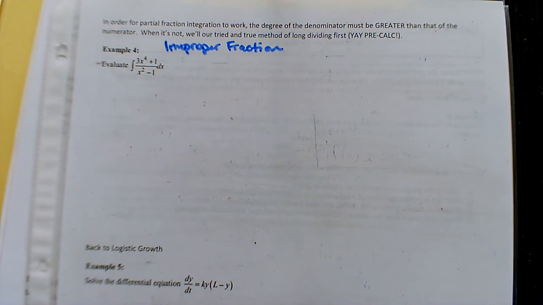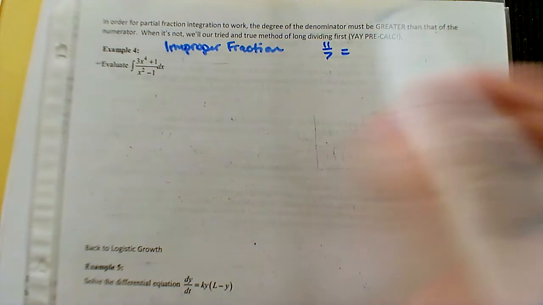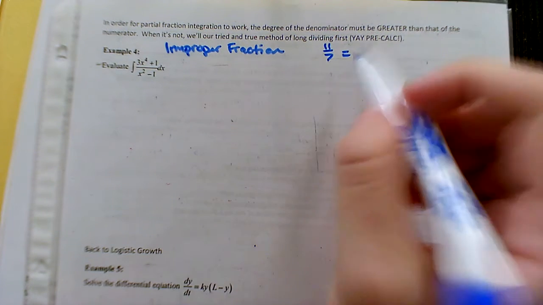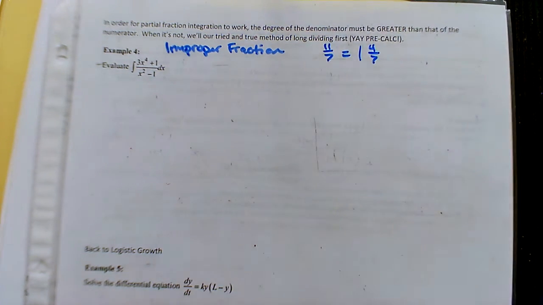Like 11 over 7, where the numerator is larger than the denominator. If that's the case, we're going to have to change the improper fraction into a proper one, kind of like a mixed number. You know how if you had 11 over 7, you could figure out 7 goes into 11 once, and then you have 4 left over?